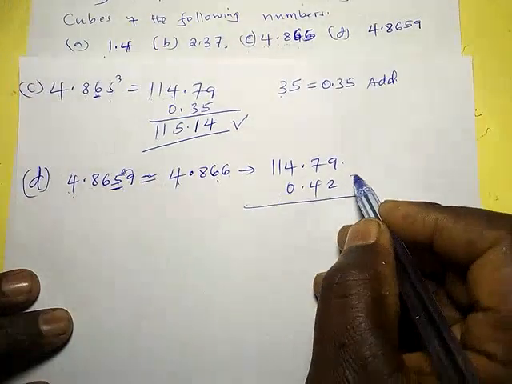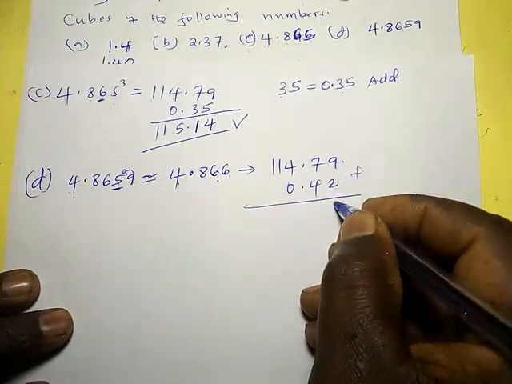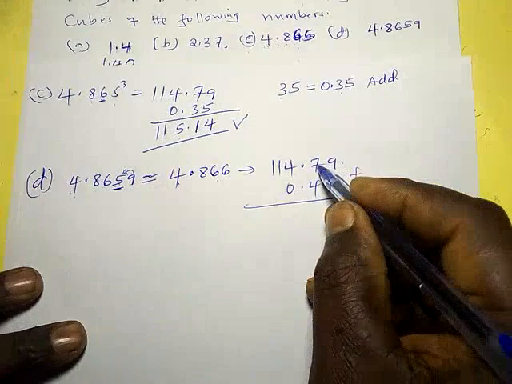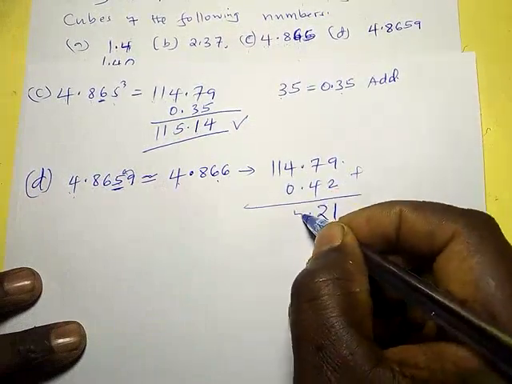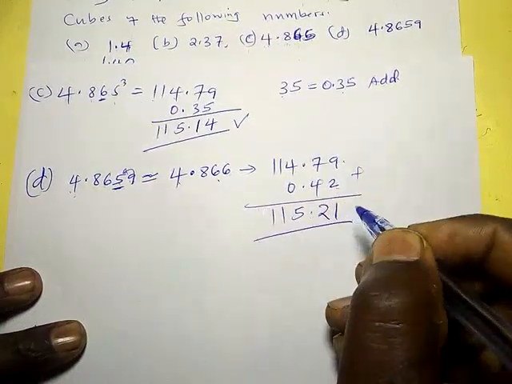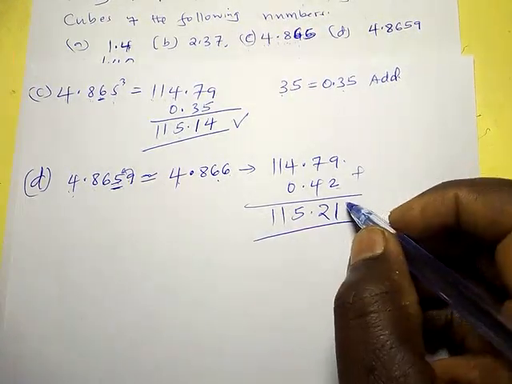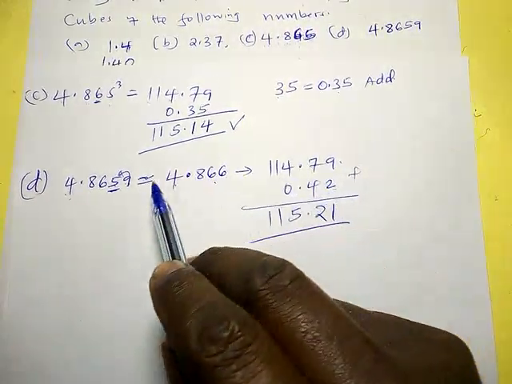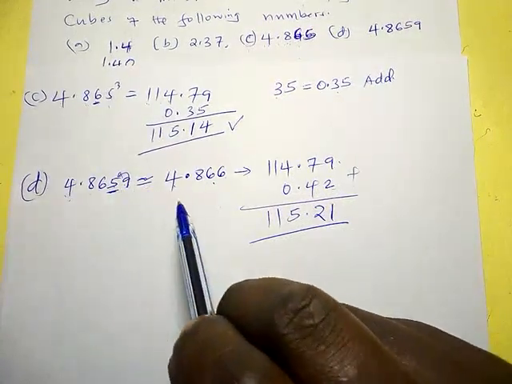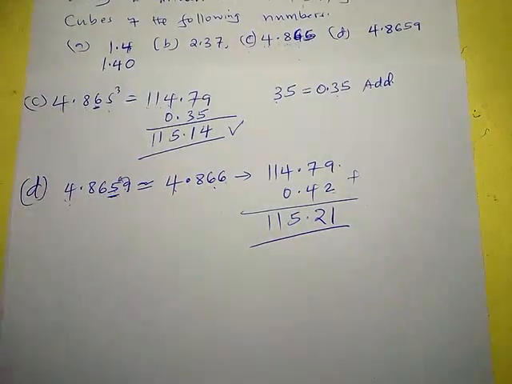So we add 9 plus 2, that is 11. 11, 12, 5, 1, 1. So 115.21 is the cube of this number. So that's how we obtain it.